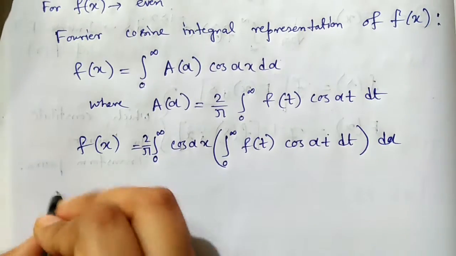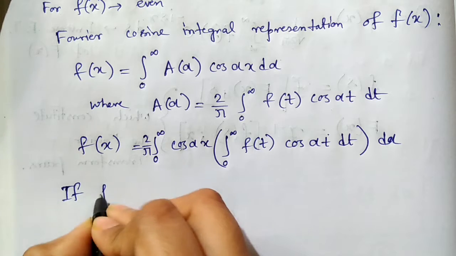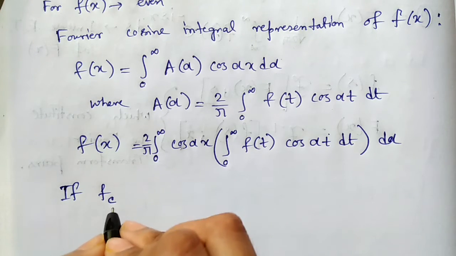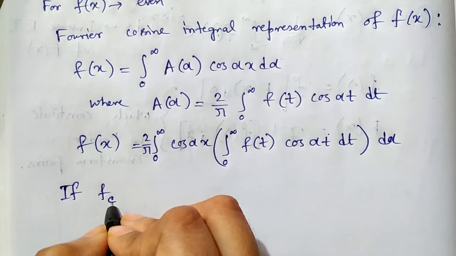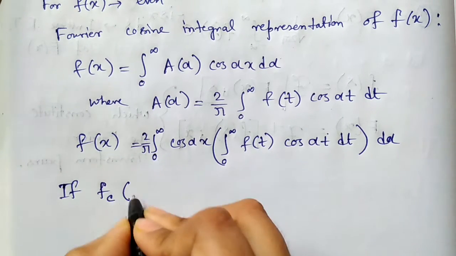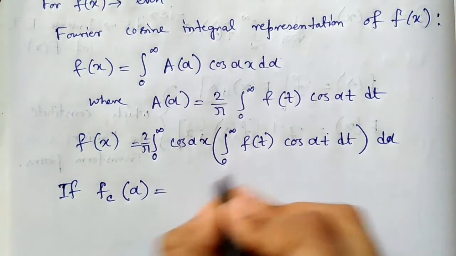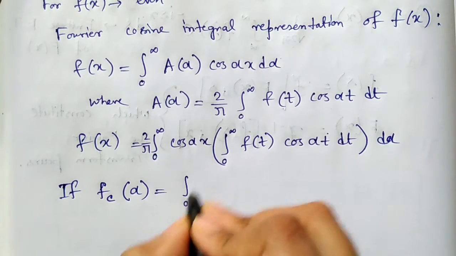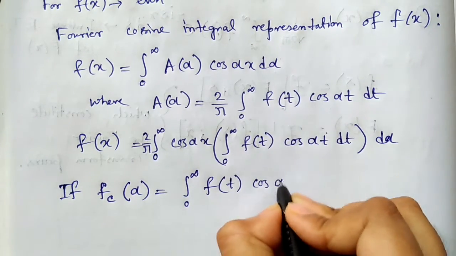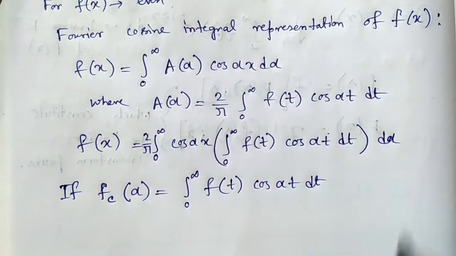Let Fc(alpha) be the bracketed portion, 0 to infinity f(t) cos alpha t dt.